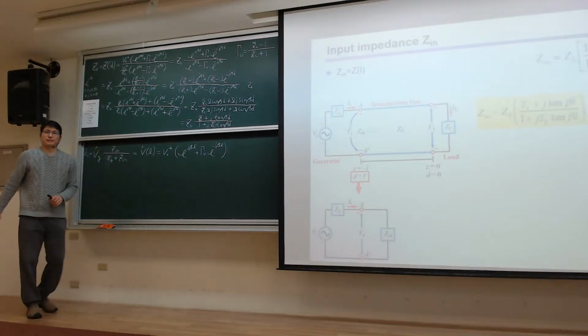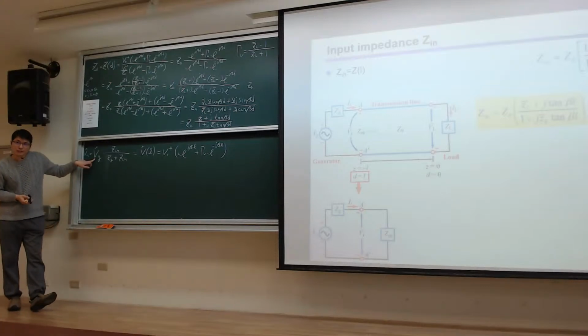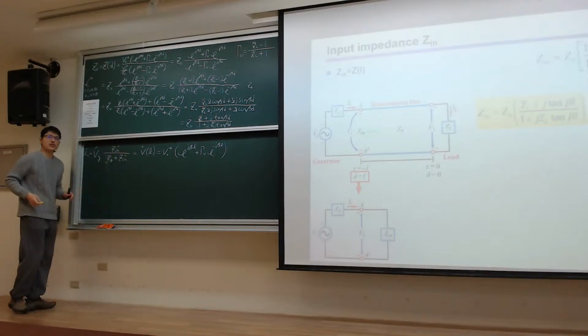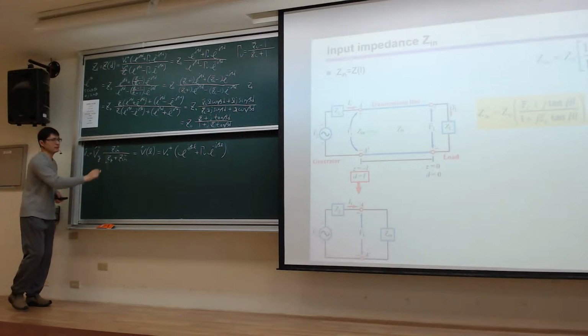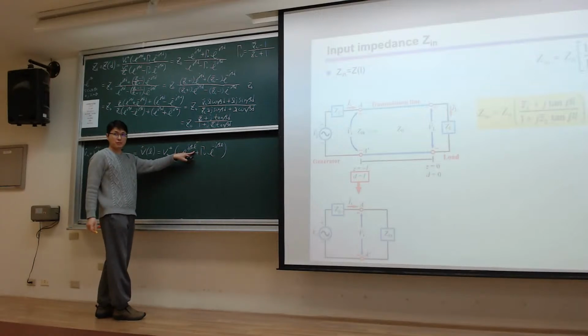So let's check. This is given, right? I have to know my generator voltage phasor, and ZIN is known. Generator intrinsic impedance is known. I know my length. I know my transmission line.